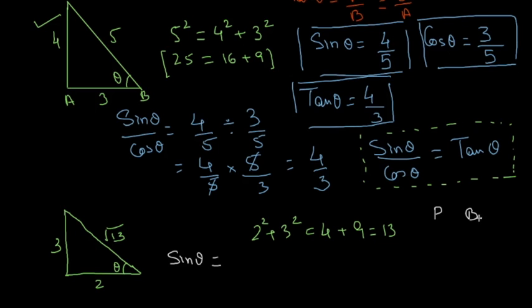Pandit, Badri, Prashad, Har, Har, Bole. So it is perpendicular over hypotenuse. So what's the perpendicular here? Yeah, this time no mistakes. 3. And what is the hypotenuse? Root of 13.